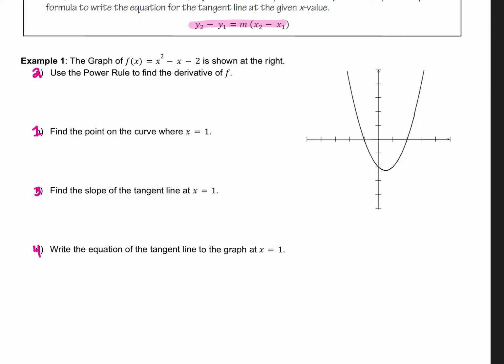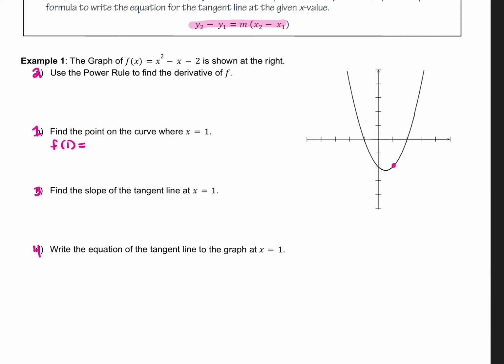So step 1 is to find the point on the curve where x equals 1. So where x is equal to 1, we have this point right here. Now I know it looks like that's a y value of -2, but let's actually verify that. So we're going to find f of 1.